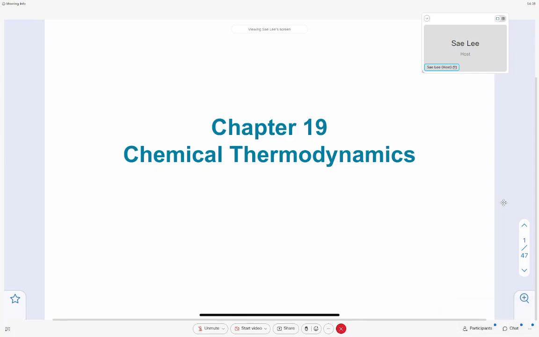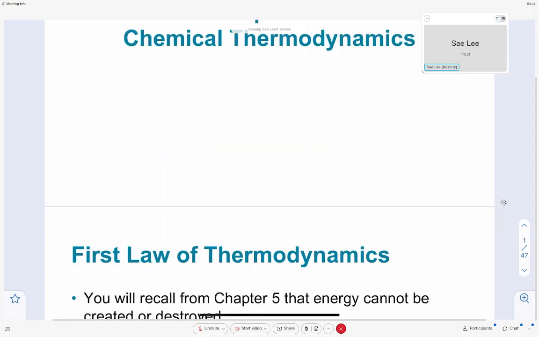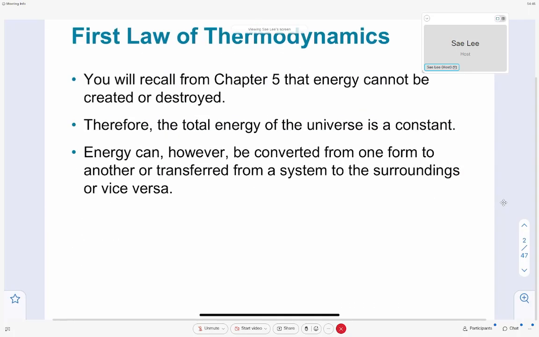We'll be learning about entropy changes in chemical reactions, Gibbs energy, etc. So thermodynamics in general is a study of the relationship between heat, energy, and work.